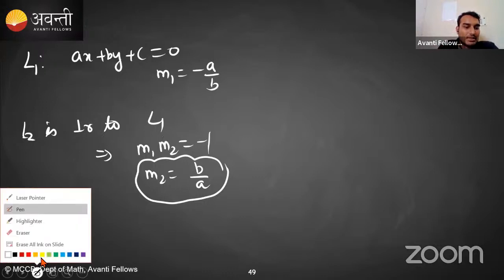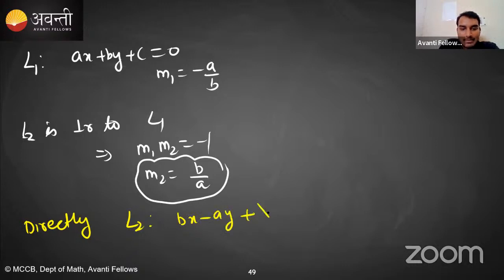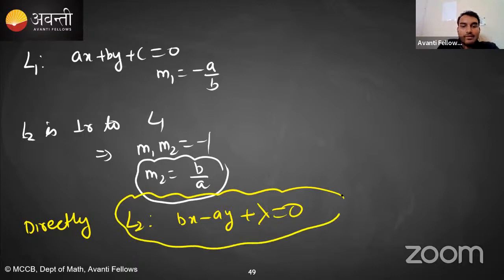So directly you can assume your second line L2 can be written as bx minus ay plus lambda is equal to 0. If a line is ax plus by plus c is equal to 0, and you have to write L2, which is a line perpendicular to L1, directly you can write bx minus ay plus lambda equal to 0.